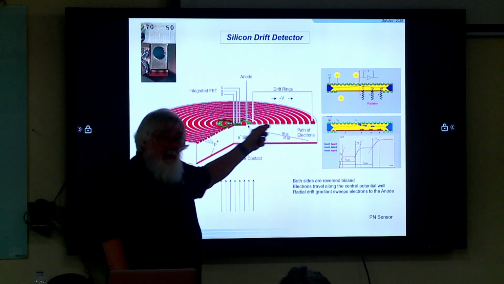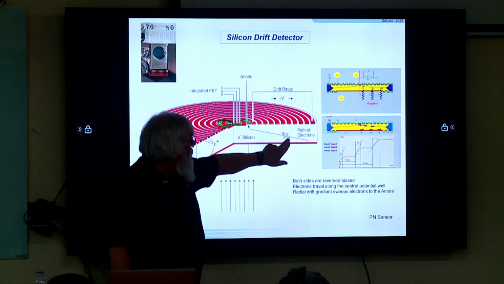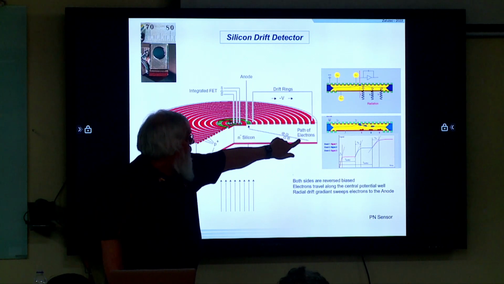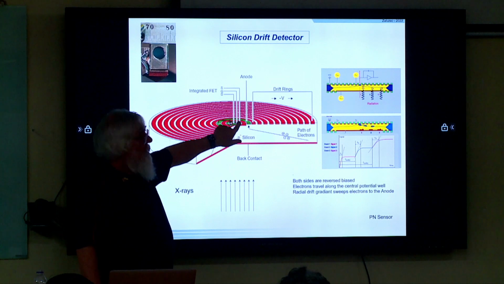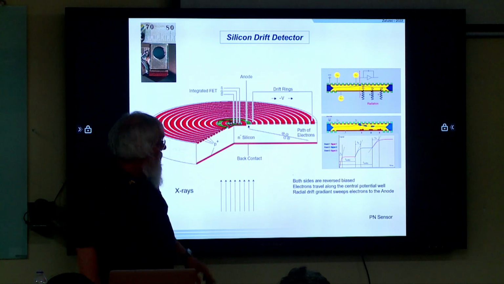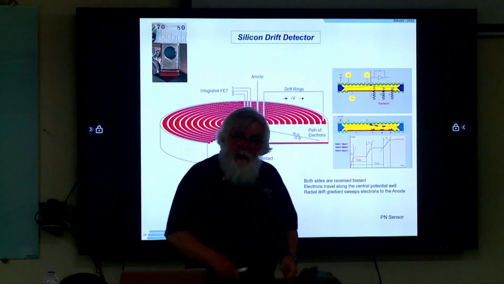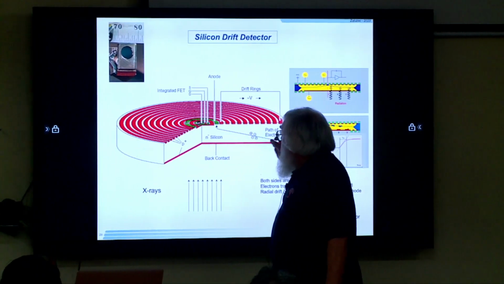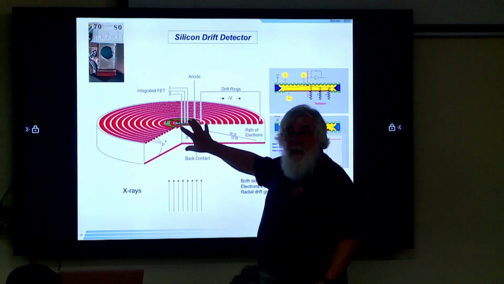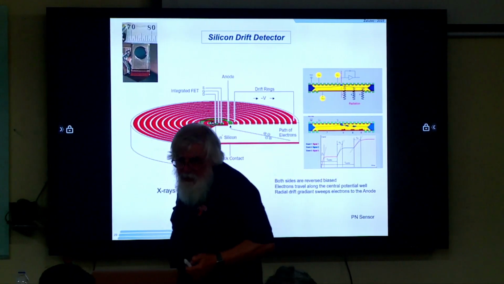We set up a voltage ramp across the back of that, and the electron hole pairs get attracted to that voltage ramp and travel along it to the anode. What do we see when an X-ray comes in? A burst of electron hole pairs gets generated, a small bit of charge comes up here, and we get a voltage pulse.